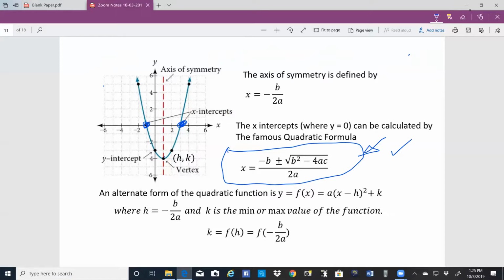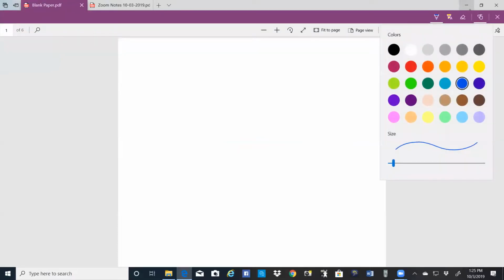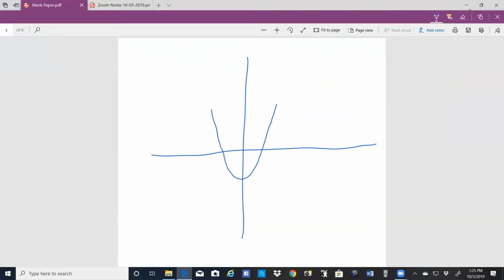Now, let me just do some things. The parabola could look like that.